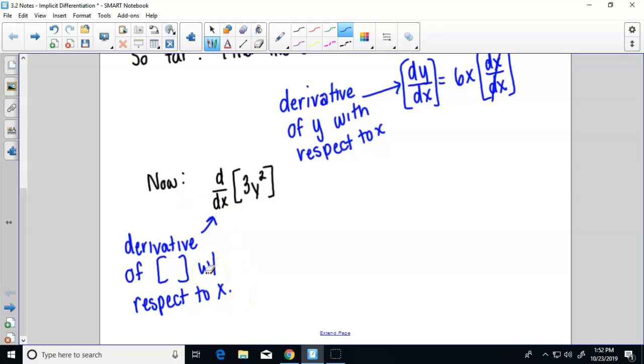We could take the derivative with respect to y, but it didn't ask us to do that. Or we could take the derivative with respect to a totally different variable like t or z, and we will do that eventually, but it's going to be a while before we get to that.